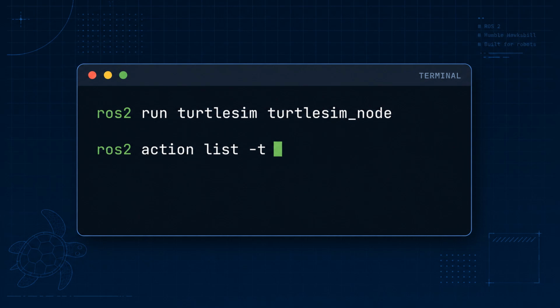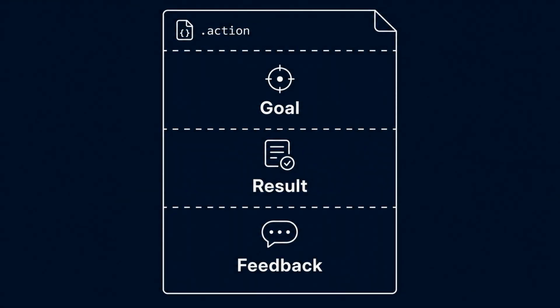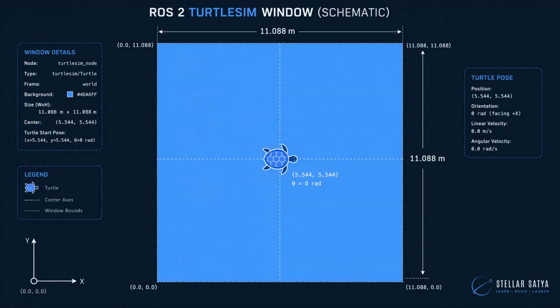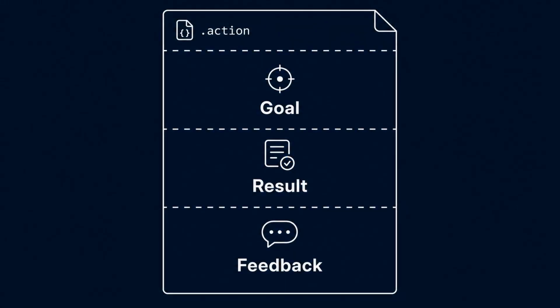Every ROS2 action contains three important sections. The first section is the goal. This tells the action server what we want to achieve. For TurtleSim, the goal is the desired angle represented by theta. The second section is feedback. This continuously tells us how much work is still remaining.